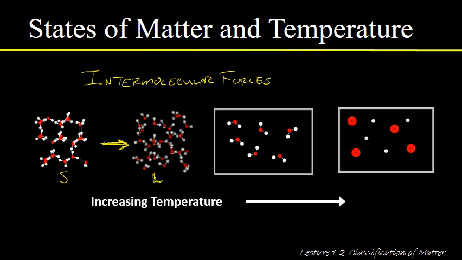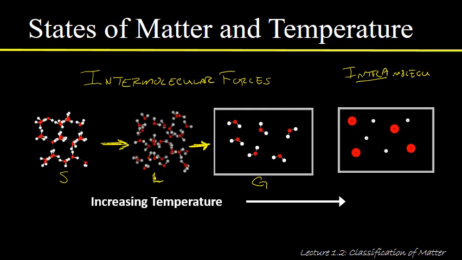If it absorbs even more thermal energy, then the molecules overcome the intermolecular forces to such an extent that they're no longer held in contact with each other, and they can fly off independently, and that's when the substance becomes a gas. And ultimately, if it absorbs enough energy, then you can overcome the intramolecular forces.